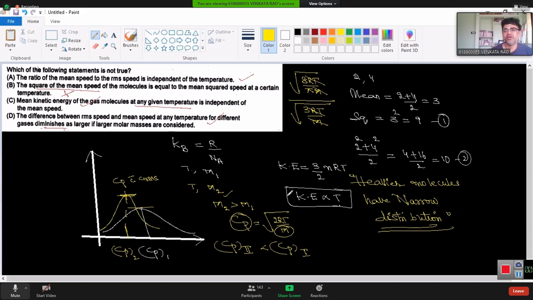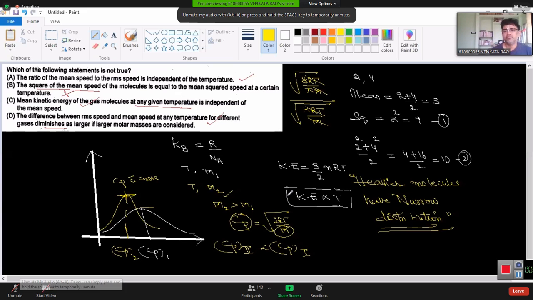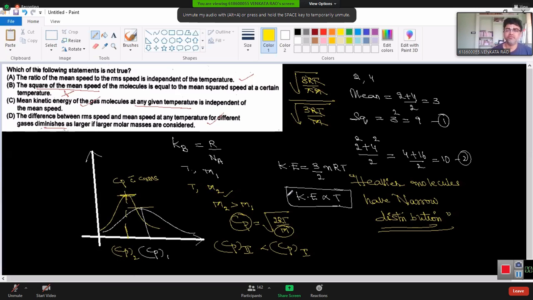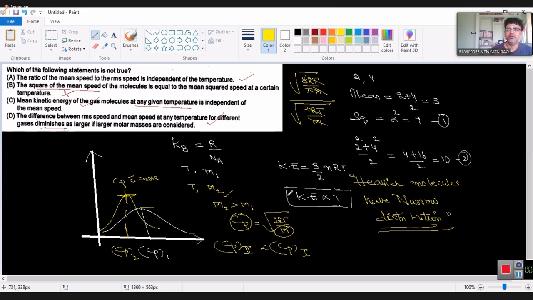Right, option D. When we discussed Maxwell distribution of molecular velocities, we came to know that the probability of a molecule having speeds between C and C plus dc, 1 by n dn by dc, depends on molecular mass and temperature. When we draw the graph for heavier molecules, you will find the yellow color graph is narrow.